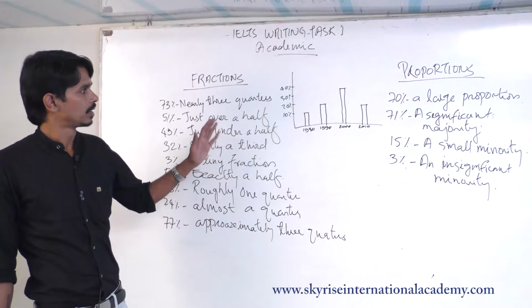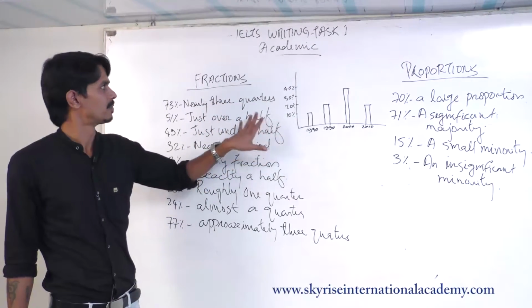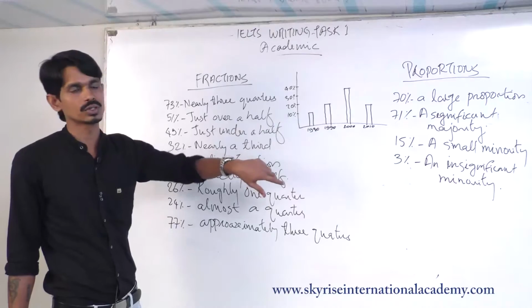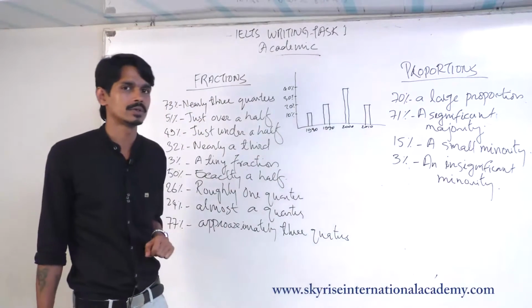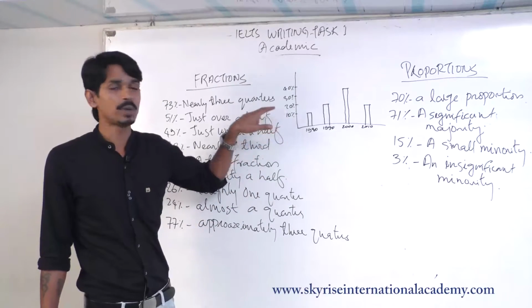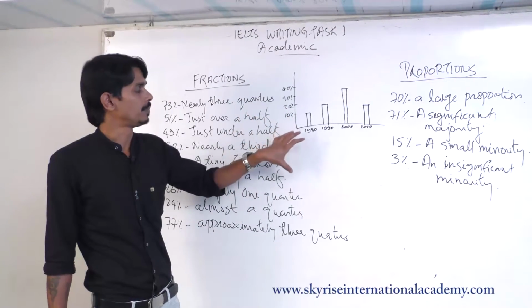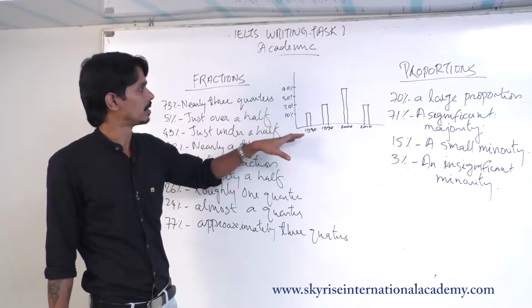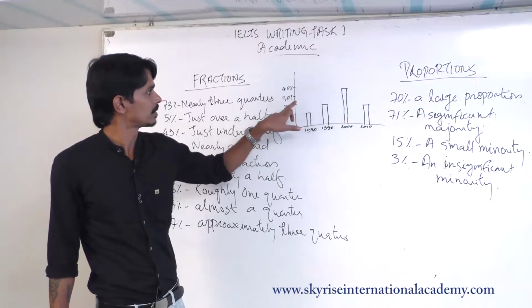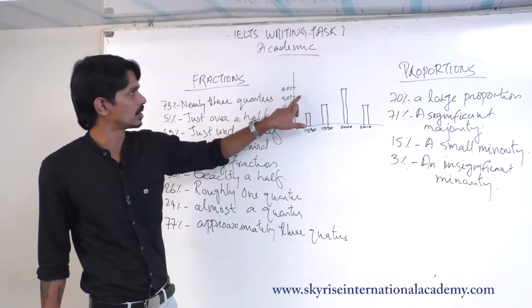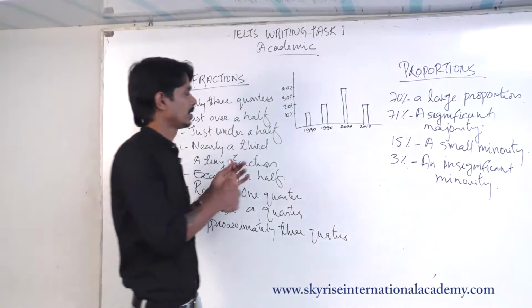Now again in the writing task 1, we come across some fractions and proportions. As long as we are not 100% sure of the specific number or the percentage, we cannot really say the exact number. Let's say in this case you look at this one, you might want to consider this as 38%.